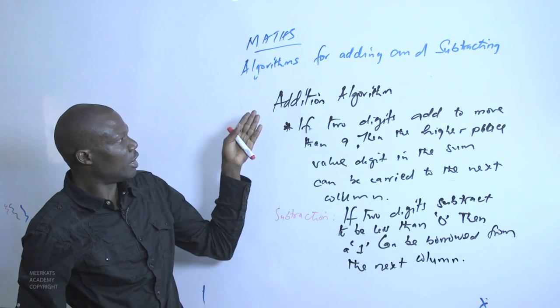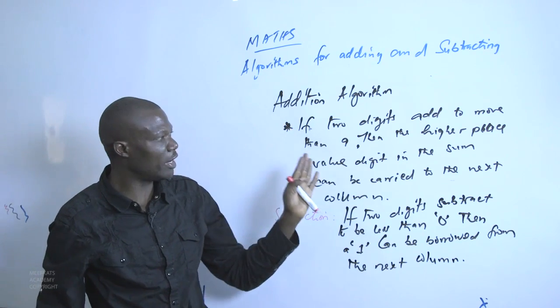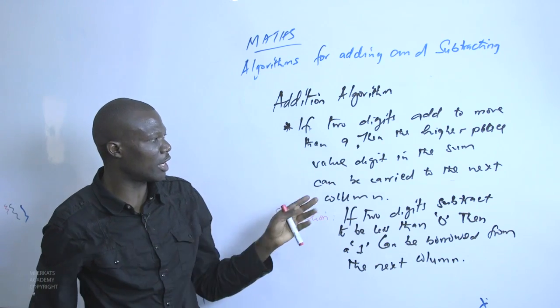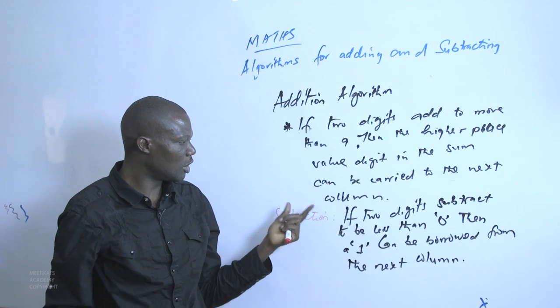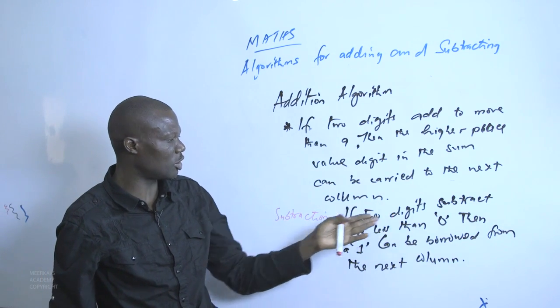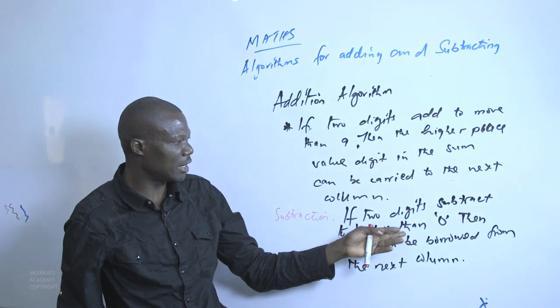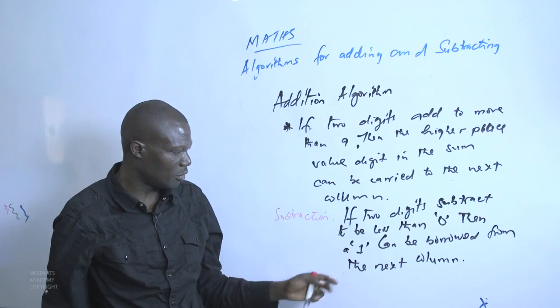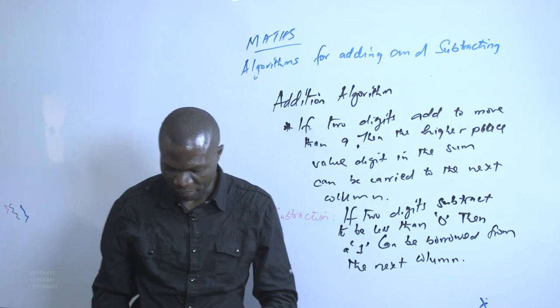So, for the addition algorithm, when we are adding any sum that gives us more than 9, we shall carry to the next column. But for the subtraction algorithm, if two digits subtract to be less than 0, then a 1 can be borrowed from the next column.